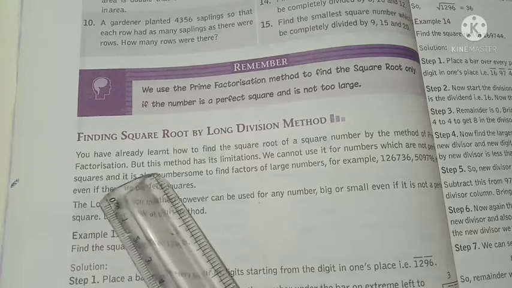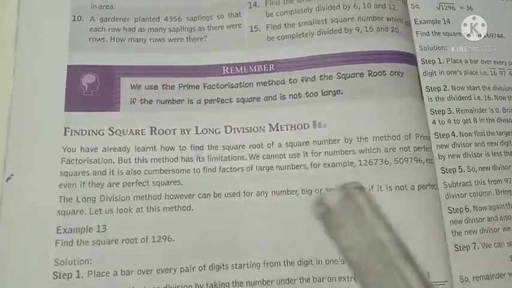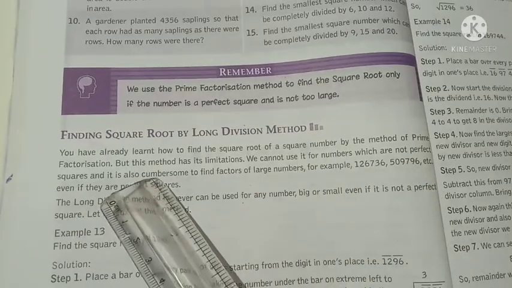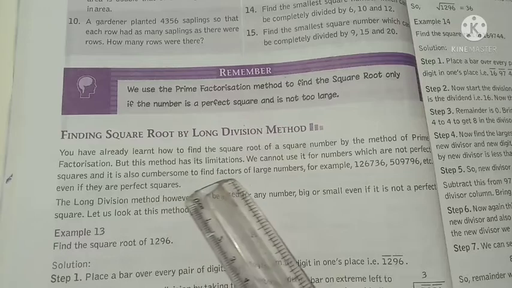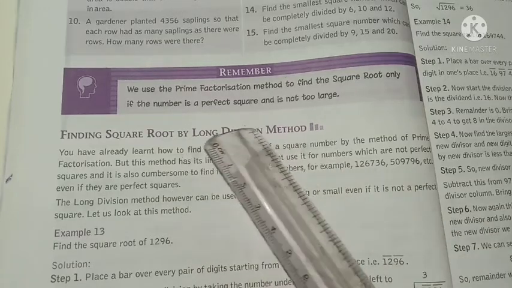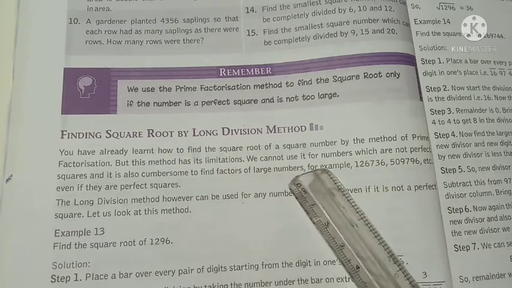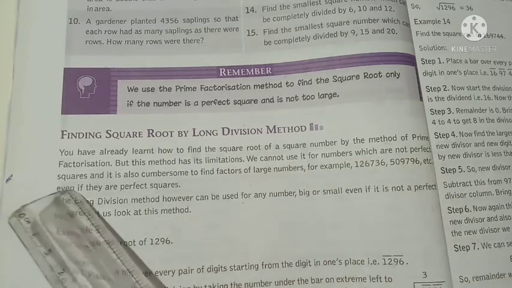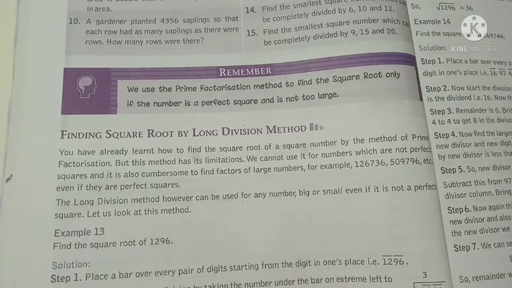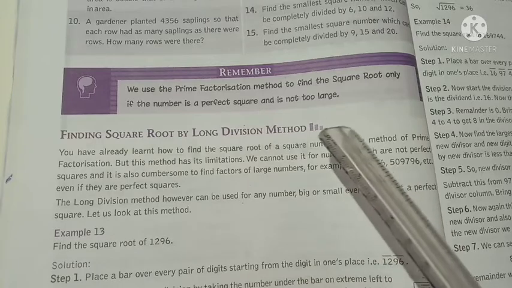But these methods have a limitation. They are cumbersome for finding the factors of large numbers, and they cannot be used for numbers which are not perfect squares. So here we can find the square root by using the division method.